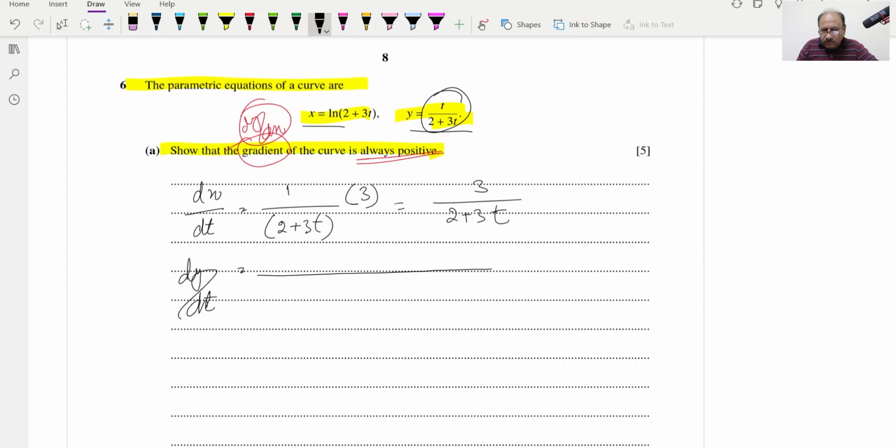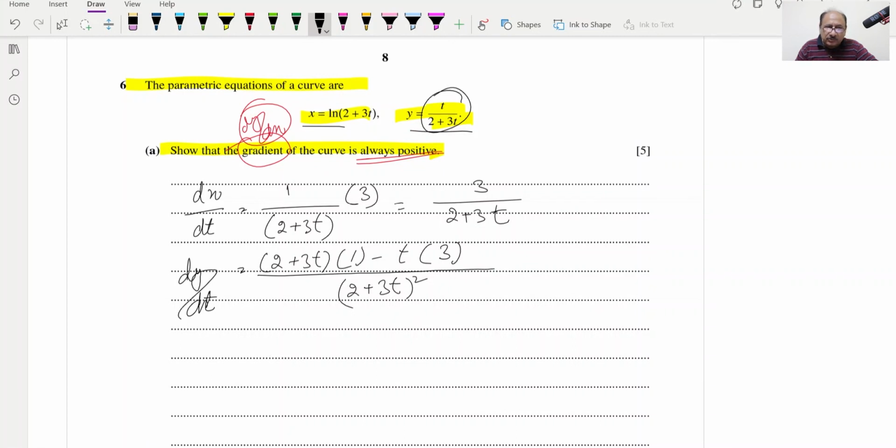So the square of the denominator, (2 plus 3t) squared, and on top it will be as it is over here, and the derivative of t, which will be 1, and minus t as it is, and the derivative of the denominator, which is 3t, the derivative will be 3.